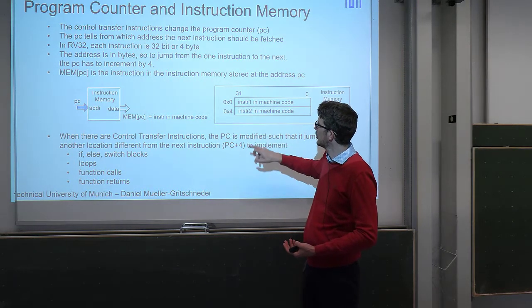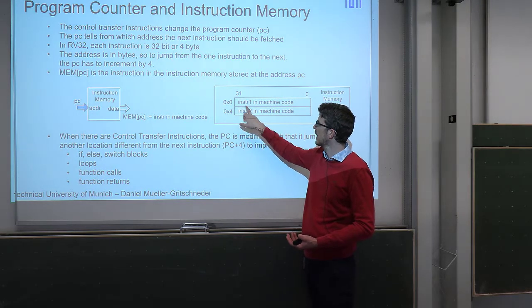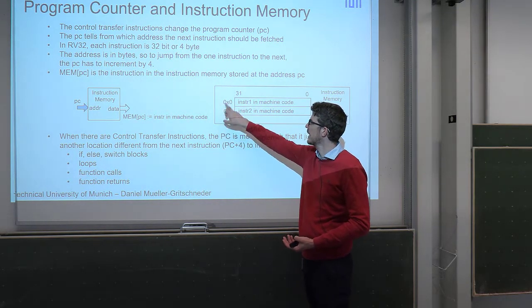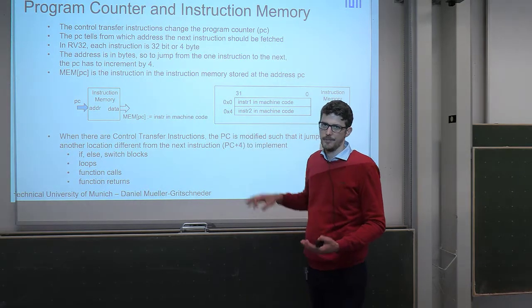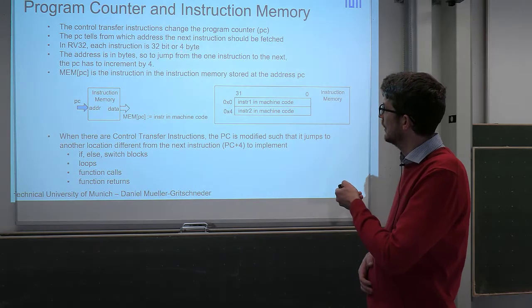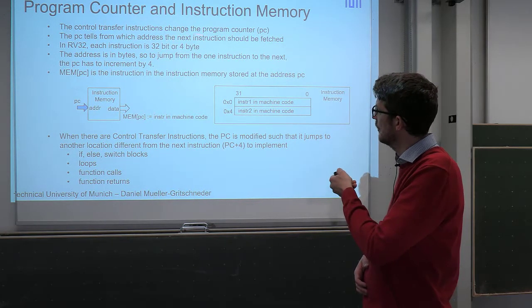So for example, if you don't want to execute this instruction, you can take the PC, if it's 0, and add 8 to the PC, it will just jump over this instruction, right? And this is then a kind of transfer of control. So we have 32-bit instructions of 4 bytes, right?